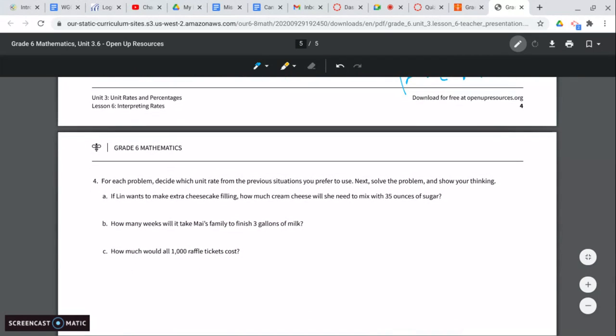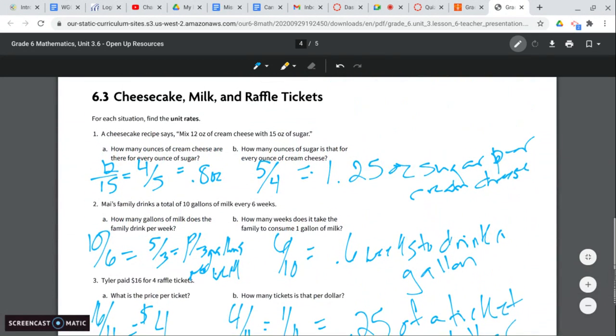All right. For each problem, decide which unit rate from the previous situations you prefer to use. Next, solve the problem and show your thinking. If Lynn wants to make extra cheesecake filling, how much cream cheese will she need to mix with 35 ounces of sugar? So we have the sugar. Let's look back up here. We know sugar is the 1, for every ounce of sugar.